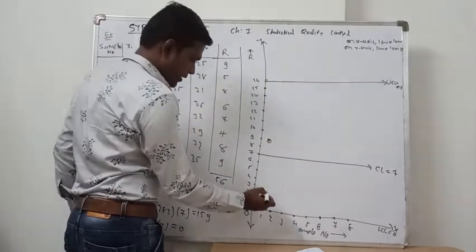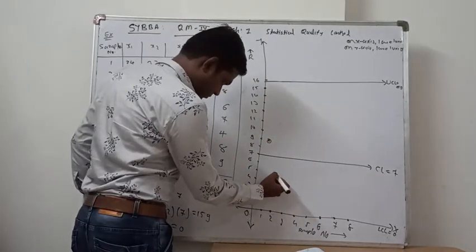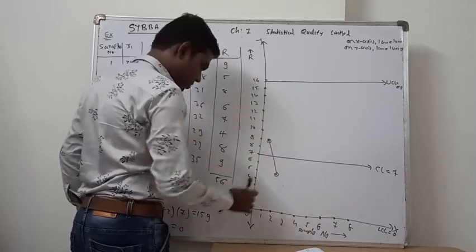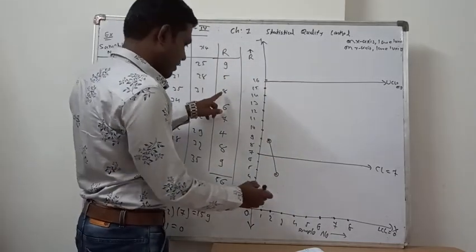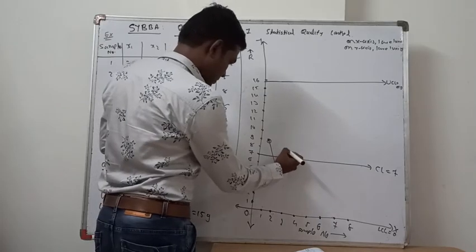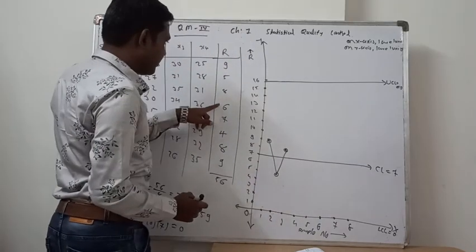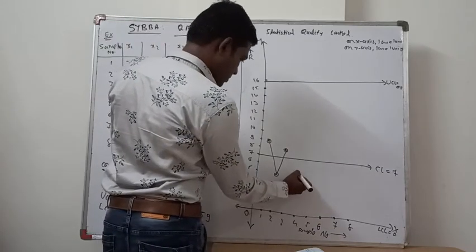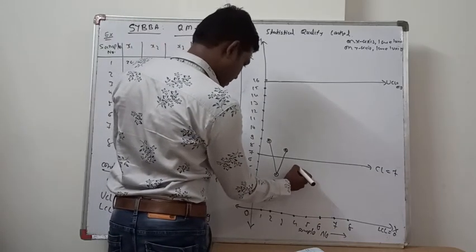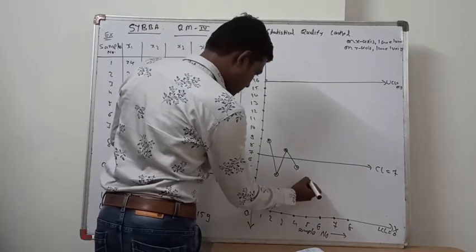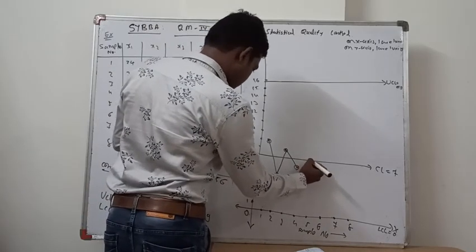Now the second one, that is 5. We also join those points. Next the third one, that is 8. Next the fourth, that is 6. Next the fifth, that is 7, since this is on the same line.